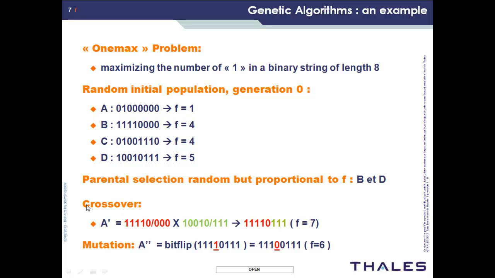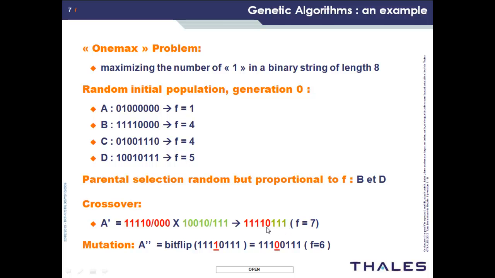That's the next step, crossover. We have a father, individual B, and a mother, individual D, which produce an offspring by a recombination of their genetic material. A random locus is picked here, and the offspring has part of its genetic material coming from its mother and part of its genetic material coming from its father.